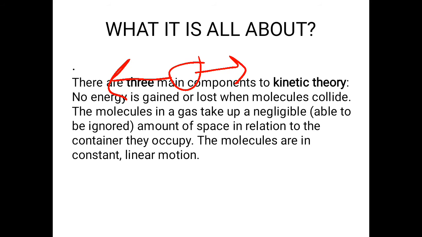Then the molecules in the gas take up a negligible, ignorable amount of space in relation to the container they occupy, and the molecules are in constant linear motion.